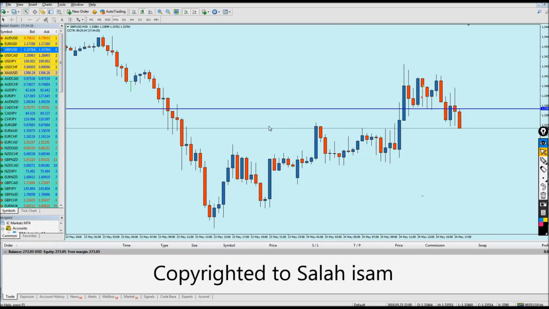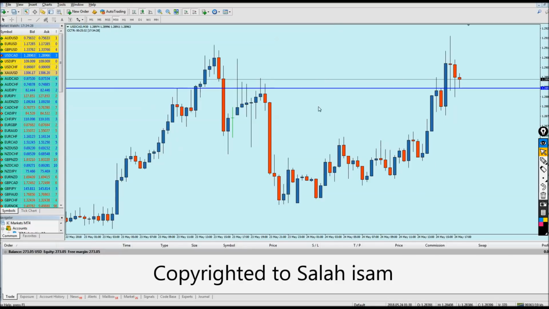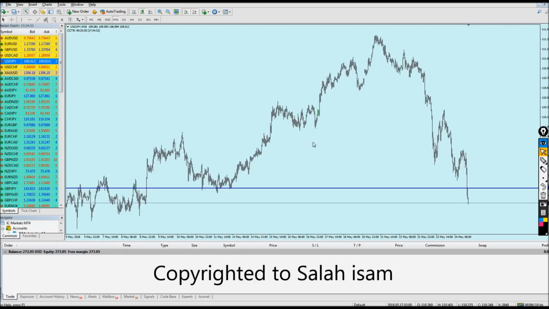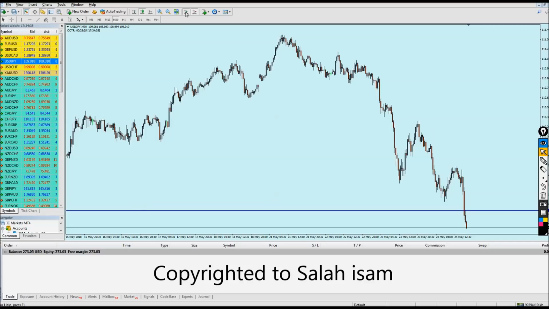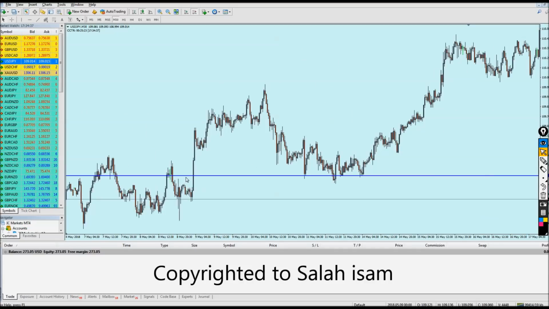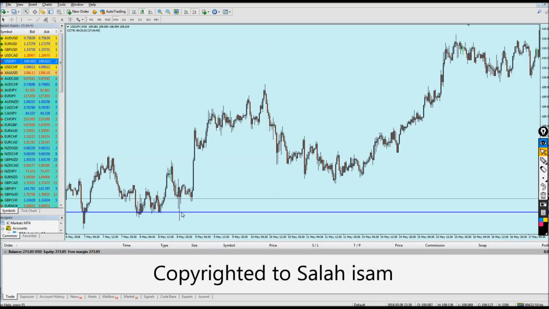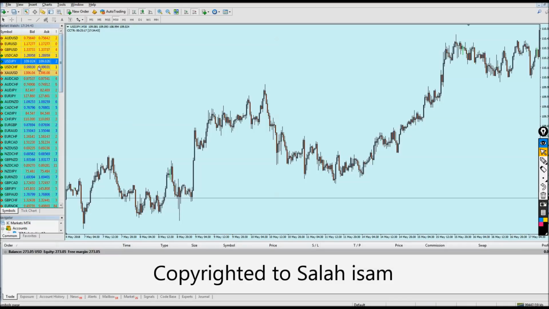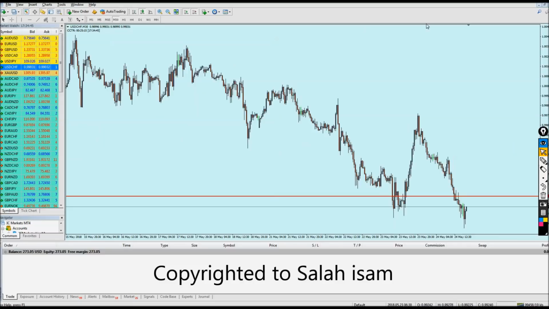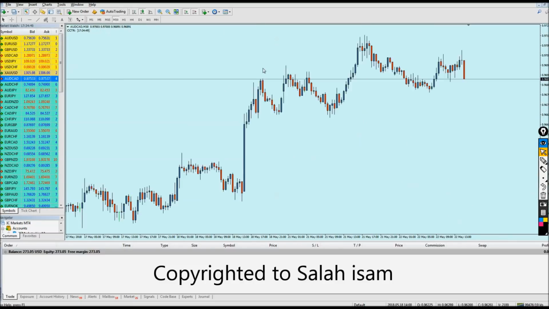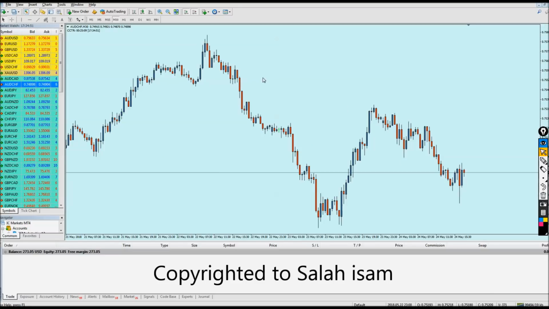Let me find a good setup for another trade. I need to find support number 1 and support number 2. Let's see it here. Nope, we cannot find it here. Actually, mistakes were done and I have lost too much in this one trade.